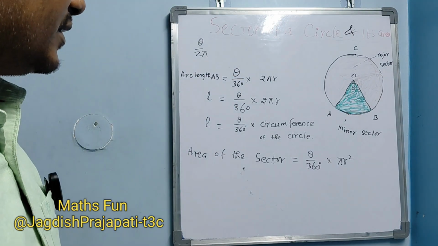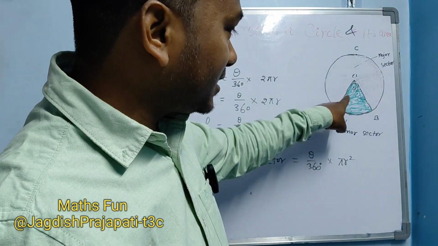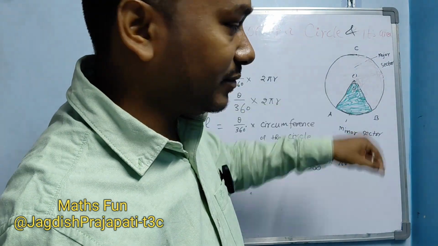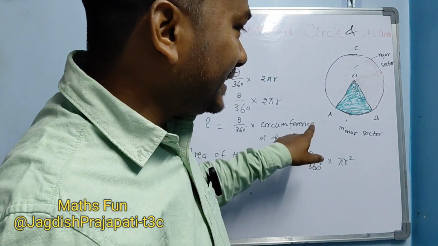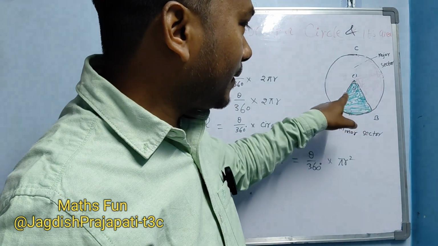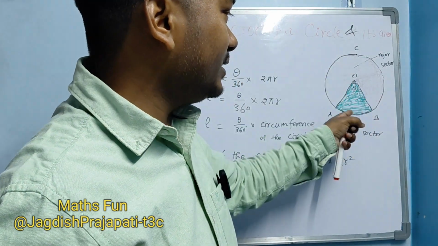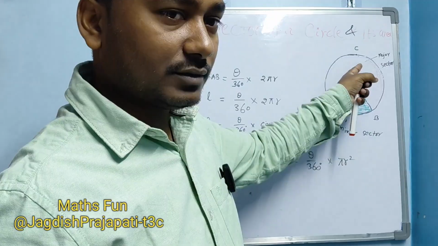Okay. One more thing. See, this is the minor sector of the circle and this is the major sector of the circle. So the sum of the areas of the minor sector plus the major sector will form the complete area of the circle. Okay.